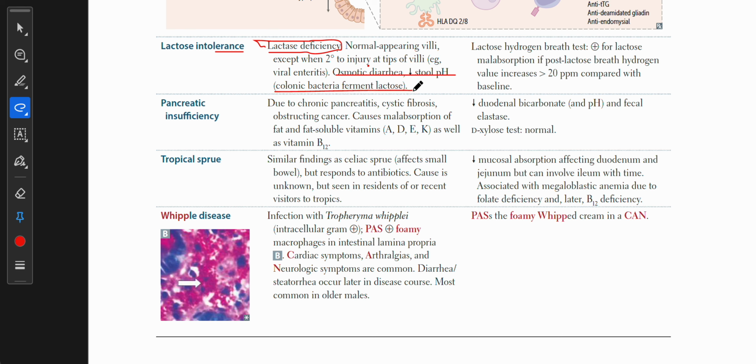The lactose hydrogen breath test is also done, used for lactose malabsorption if the post-lactose breath hydrogen value increases greater than 20 ppm compared to the baseline.